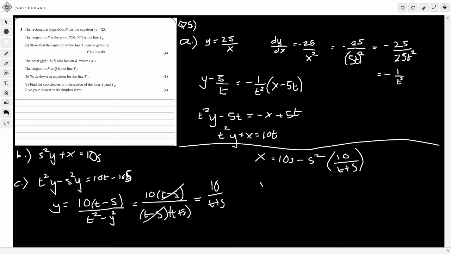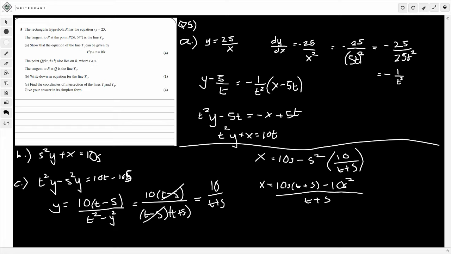So what we're going to get next is x equals 10s times t plus s, minus 10s squared. My brain's not working today, sorry guys. And this is all going to be divided by t plus s.